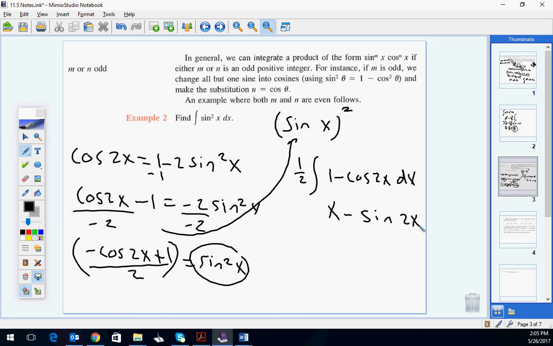But the 2x means that a 2 had to have been there, like if I took a derivative of this, I get a 2. So how do I balance a 2? A 1/2. And the other 1/2 is just out front here. And you have your plus c, I'll do it in a second. There is a plus c.